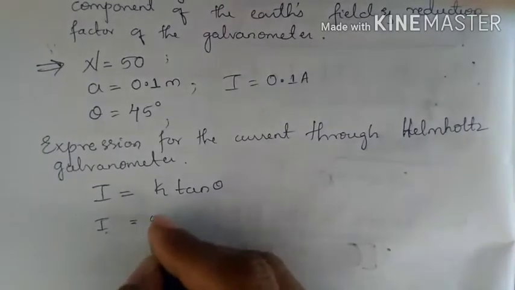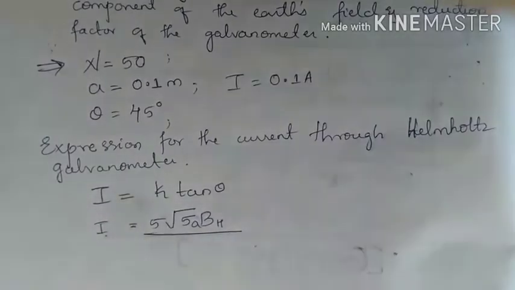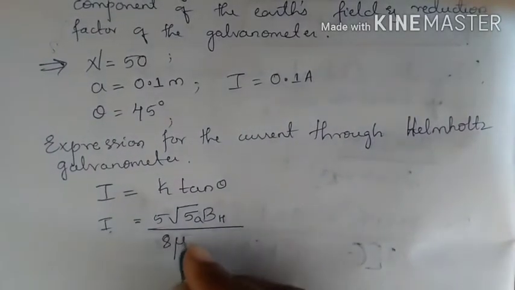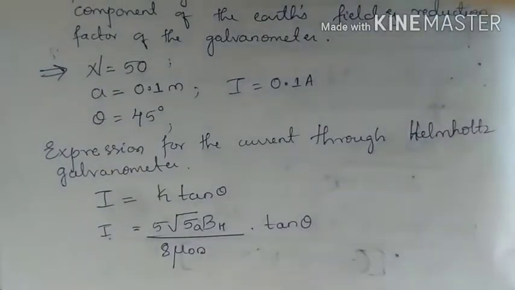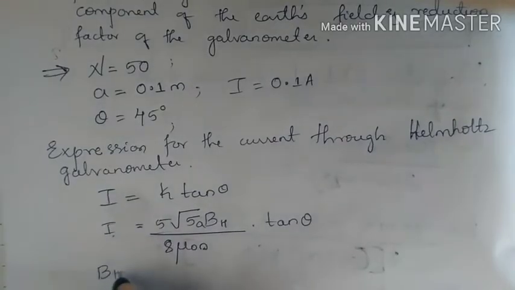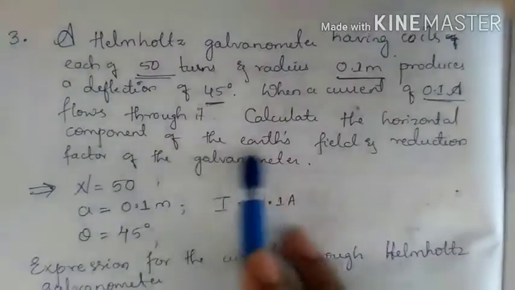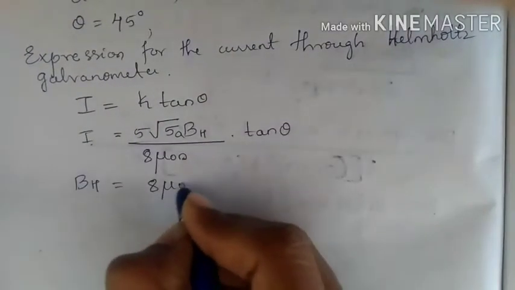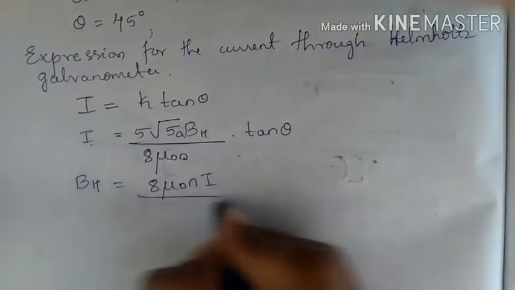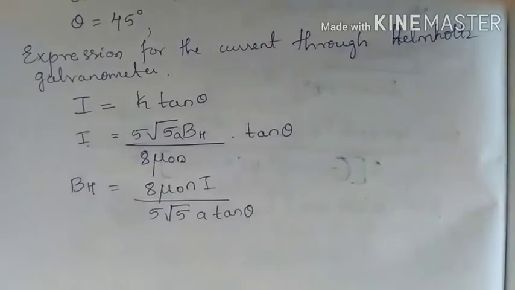I equals 5√5 A B_H divided by 8 μ0 n tan θ. So what we want here is B_H. That is what he has asked in the first part: calculate the horizontal component of the Earth's field. So B_H equals 8 μ0 n I divided by 5√5 A tan θ.